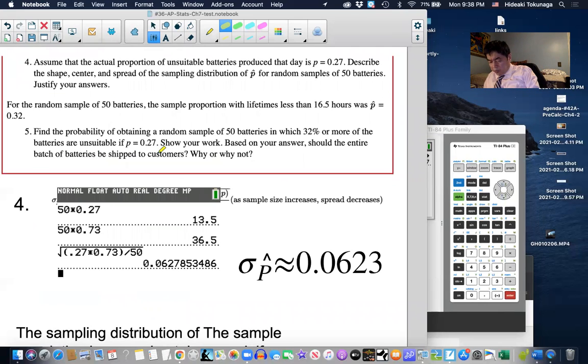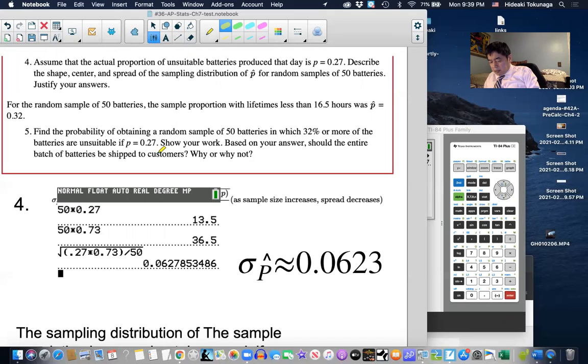There is about 21% chance that in a random sample of 50 batteries, 32% or more would last less than 16.5 hours if the process is working correctly. Because this probability isn't very small, there isn't convincing evidence that the proportion of unsuitable batteries is greater than 0.27.